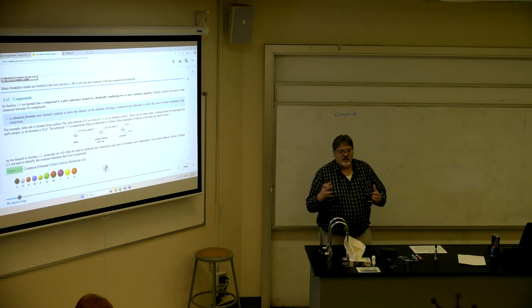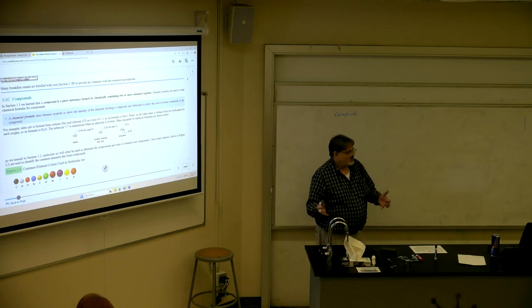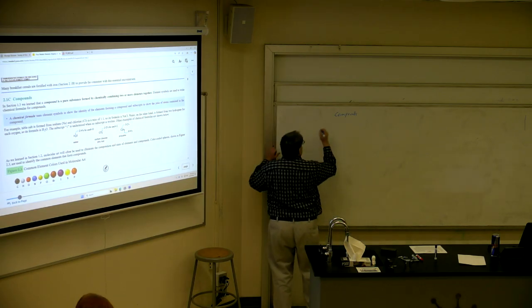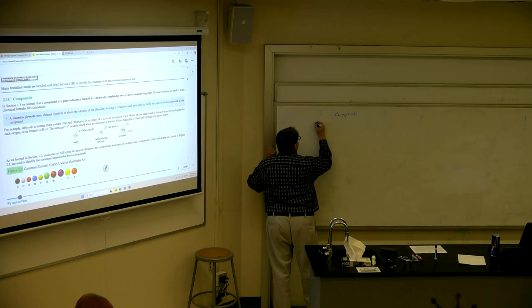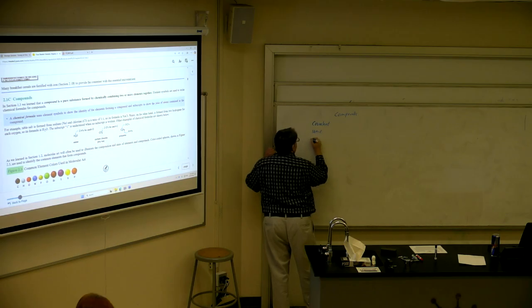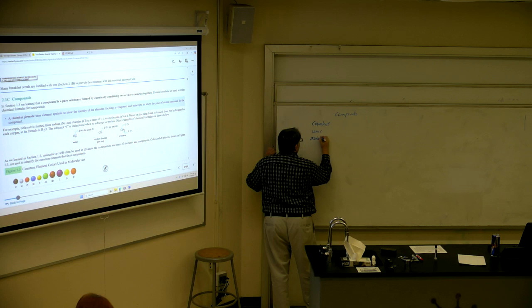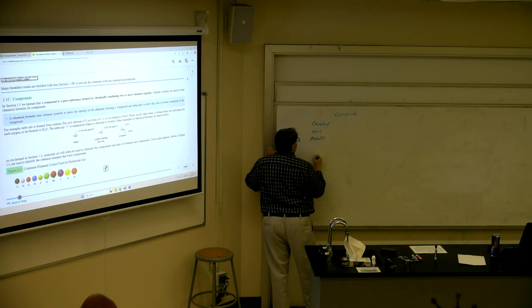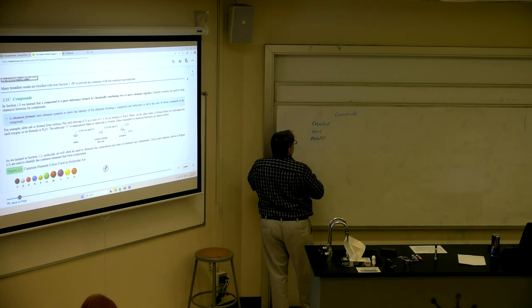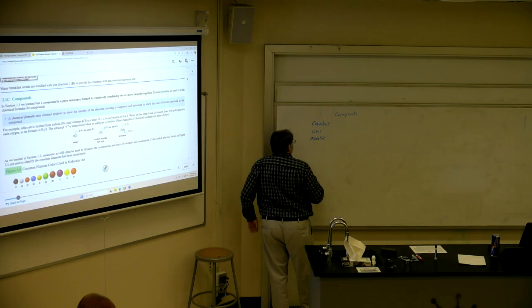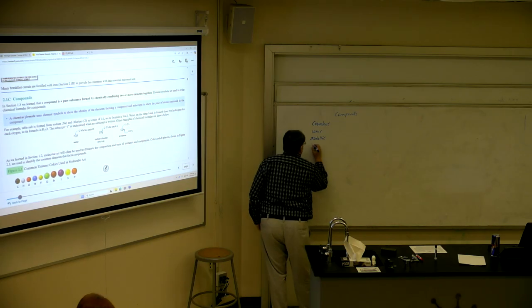Well, so you have all these elements, they're individual little things. When they come together and stick and make larger things, those are called compounds. There are covalent compounds, there are ionic compounds, metallic compounds.